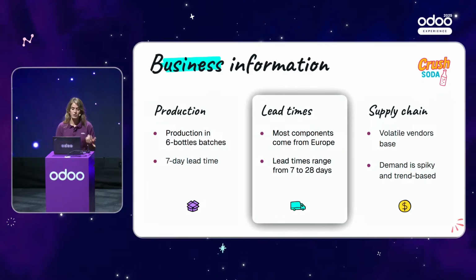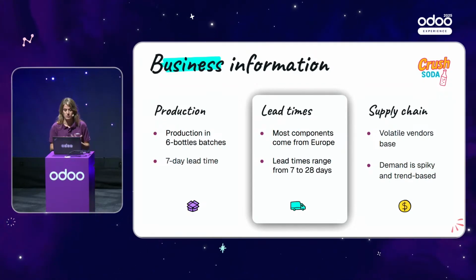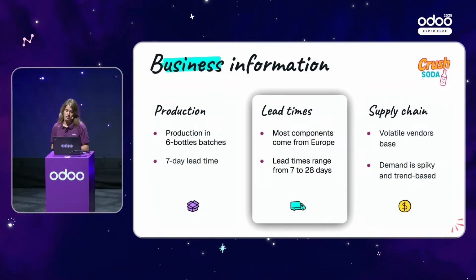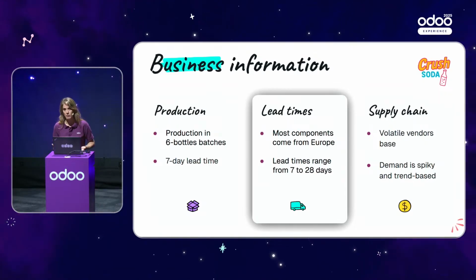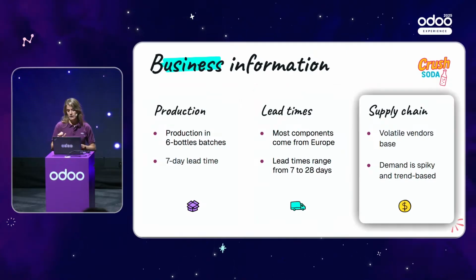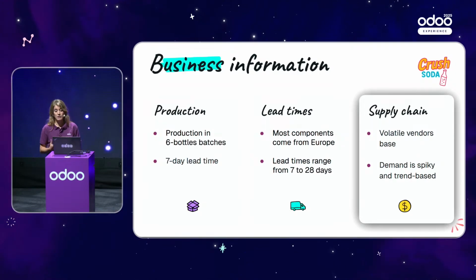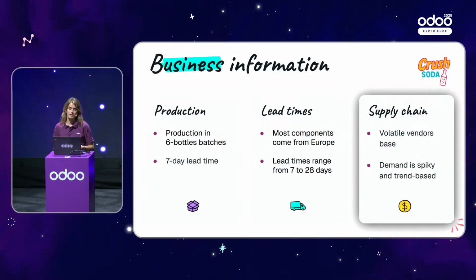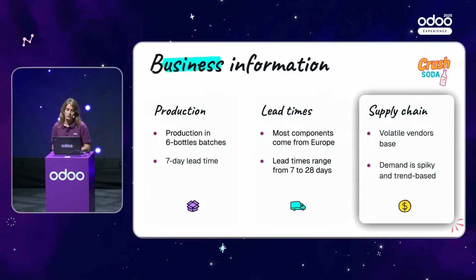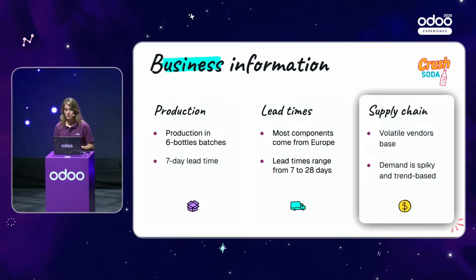So we have components that can take 1 week when they come from the Netherlands, France, or Germany, but they can also take up to 28 days, so almost 1 month, when they come from Italy or Spain, for example. Finally, about the supply chain, my company is very young, so they don't yet have a trusted network of vendors, and therefore their vendor base is quite volatile for now.